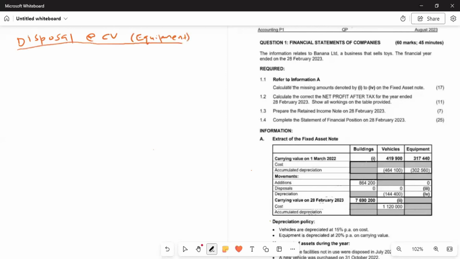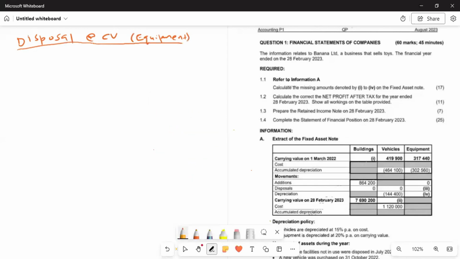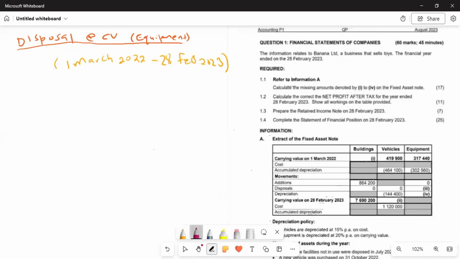In accordance with the information, my financial year ends on the 28th of February 2023, meaning that it starts on the 1st of March 2022, up until 28th of Feb 2023. Right. Now I can go about calculating my disposal at carrying value using the information that I've been given.